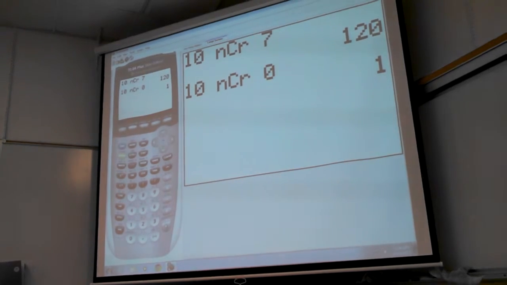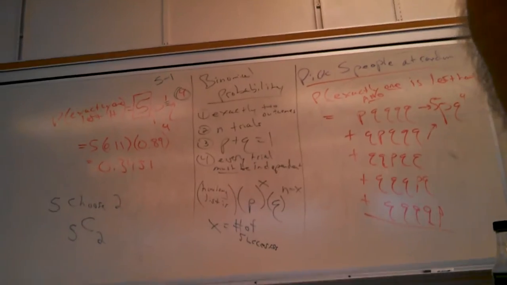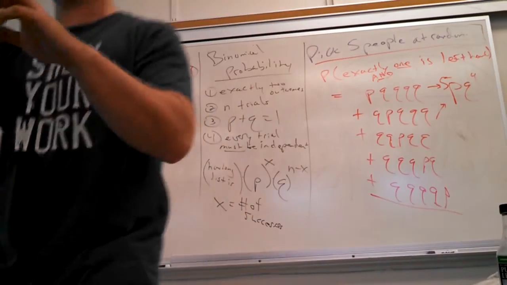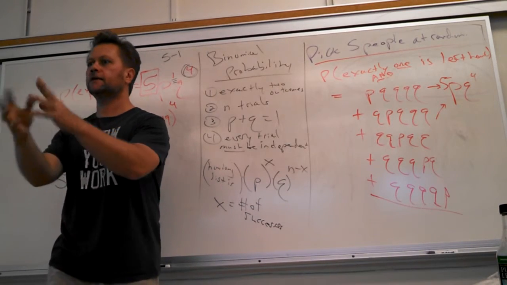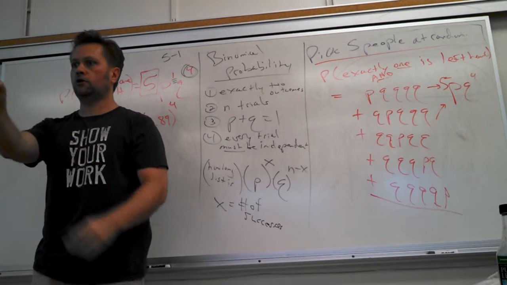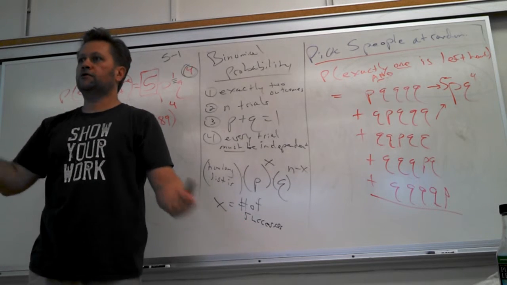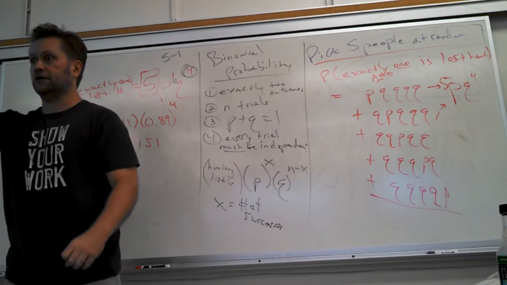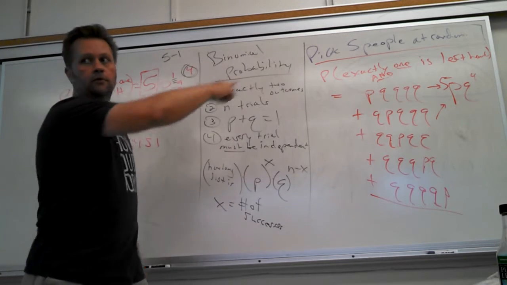So let's try a problem out. Again, how many ways can you choose nobody? Choose nobody. There's only one way. How many ways do you choose 1 if there's 120? 120, because I can pick the first guy, or the second guy, the third guy, all the way to 120.